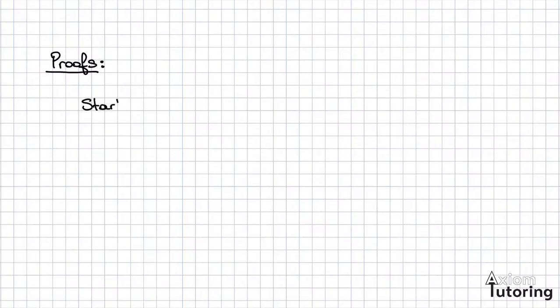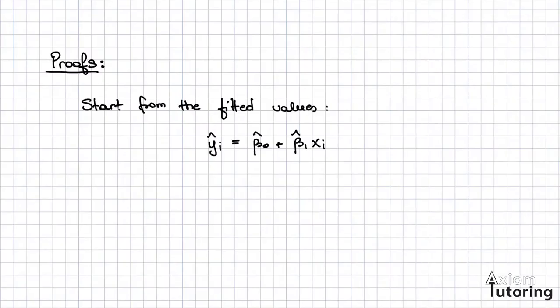We will start from the fitted values identity that we have seen so far, where we know yi hat is equal to beta null hat plus beta 1 hat xi. If we sum both sides, then we will have the sum of yi hat equals the sum of beta null hat plus the sum of beta 1 hat xi.